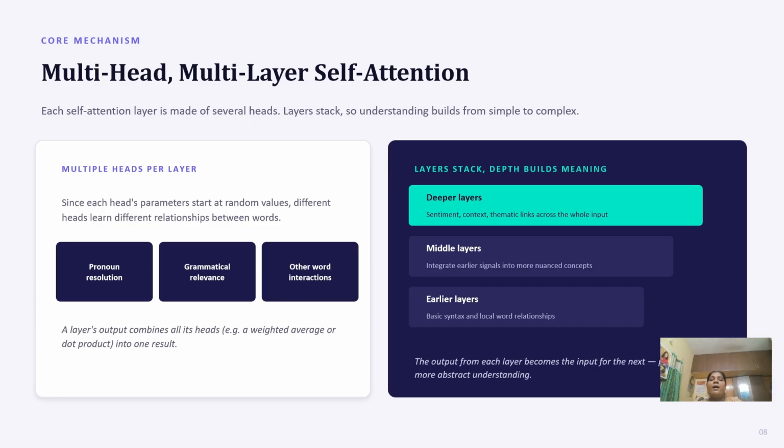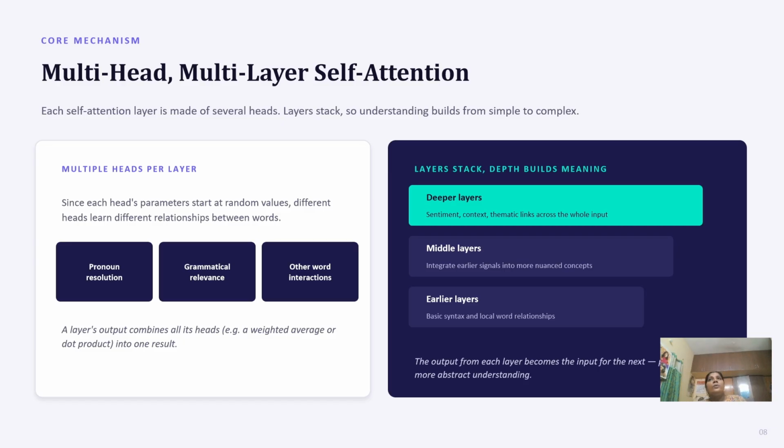So here you have layer stacks building depth, meaning you talk about multiple layers: deep layers, middle layers, and earlier layers. In the deep layers, you focus mainly on sentiment, context, and thematic links across the whole input. In the middle layers, you integrate earlier signals into more concept-oriented ones, and in the earlier layers you handle basic syntax and local word relationships.